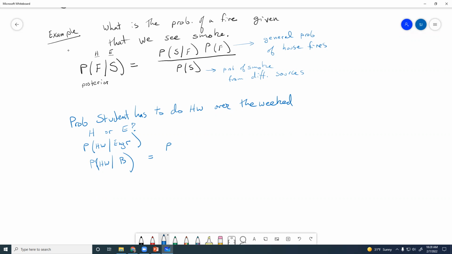Let's see. Probability of, you just flip it, so homework. Probability of homework over probability of the business. This is just 100%. Exactly.